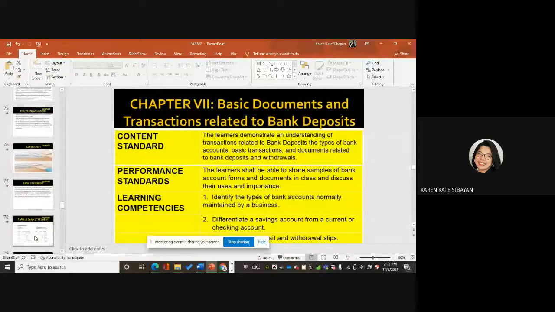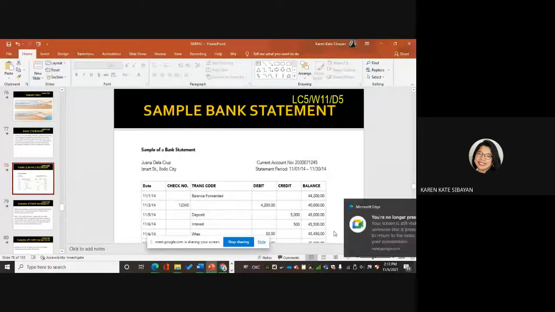Pwede pa kapag pumunta ka sa bangko kumuha ka ng withdrawal slip, deposit slip, bills payment, meron pang check, ganyan. Then familiarize yourself. Ano ba ang meron dito? Ano bang mga nilalagay dito? Okay? So automatic account number, kung titingnan mo dito sa sample bank statement, ayan.